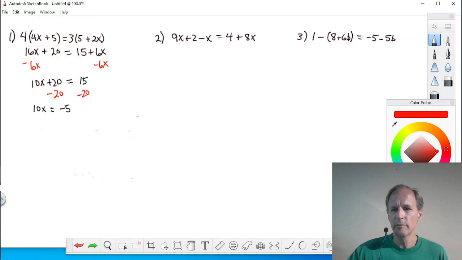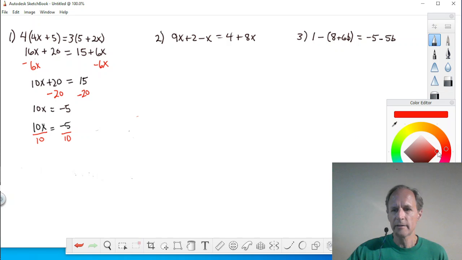I'm going to rewrite it before we divide, and write in the 10 that we're dividing by.